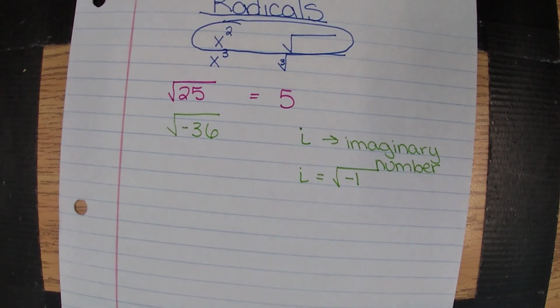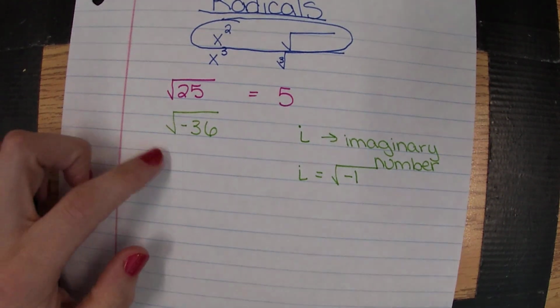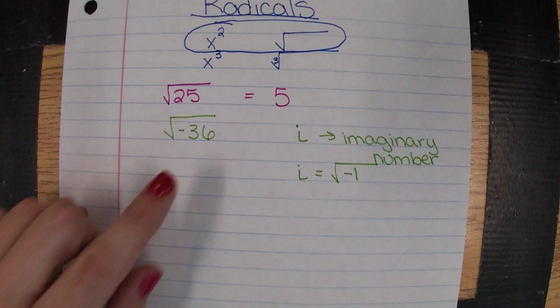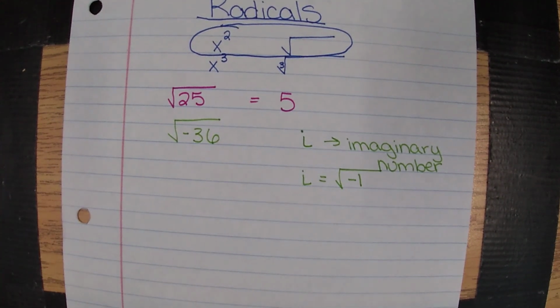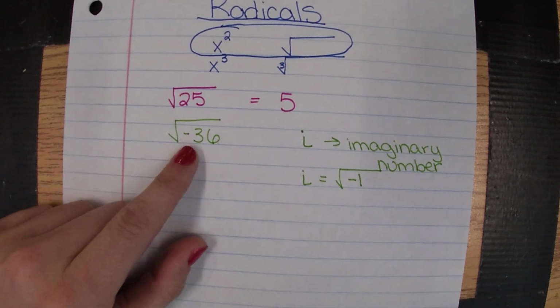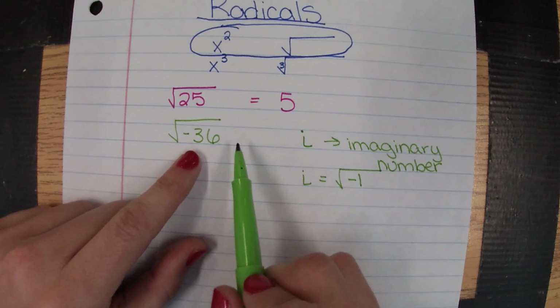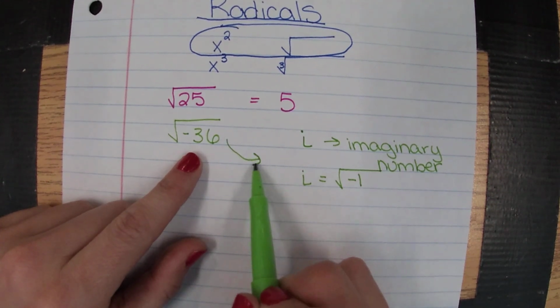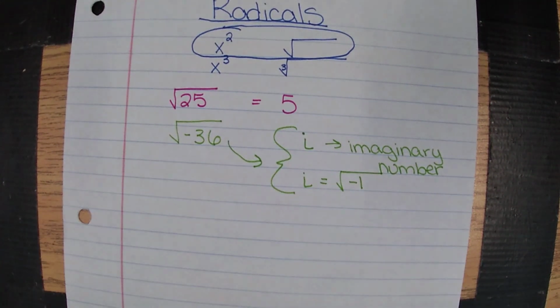Now, I am not expecting you to actually deal with i or understand every single piece of i. What I need you to understand is that when we have the square root of a number that is negative, it doesn't fall within the real numbers that we've always been working with. So there is an answer for the square root of negative 36. It just falls within the imaginary number set.